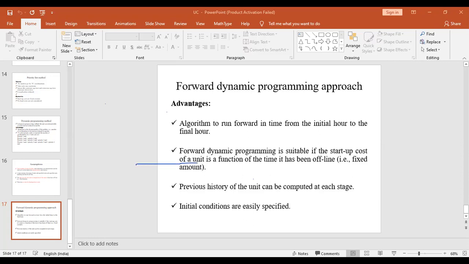From this we are going to derive the power generated by each unit, which can be split into the generation of the second unit and the first unit.